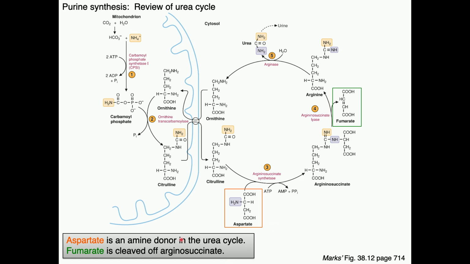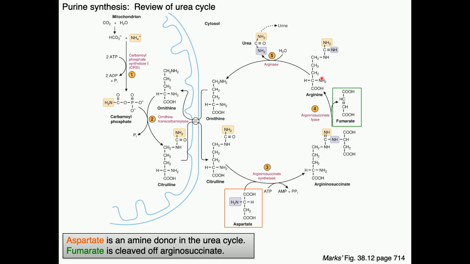Aspartate down here, this nitrogen joins onto citrulline to make argininosuccinate. Then the argininosuccinate lyase is cutting off the non-nitrogen part of aspartate as fumarate, and that leaves arginine. So it's a nitrogen transfer or an amination reaction in two steps.